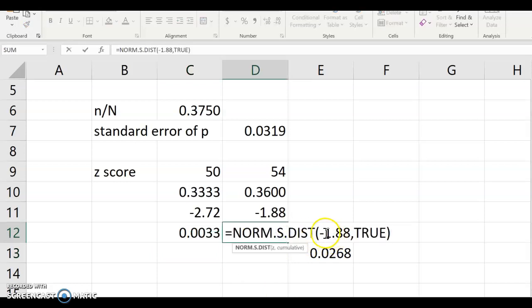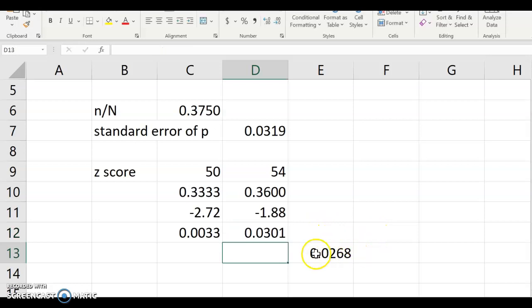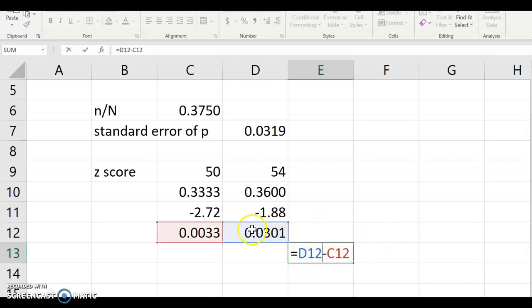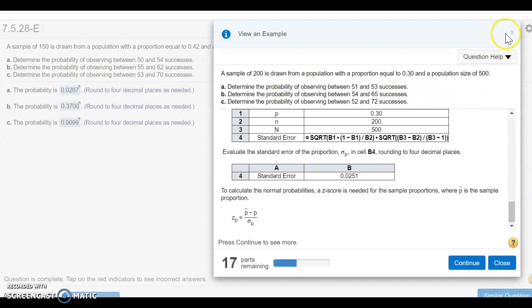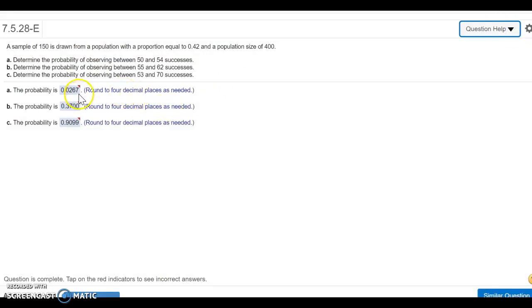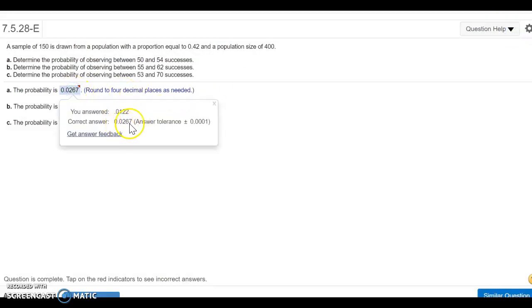Same thing here. Negative 1.88, TRUE. And then all I did was take the larger probability and subtract out the smaller. And I got 0.0268, and that is an acceptable answer because the answer tolerance allows for that.